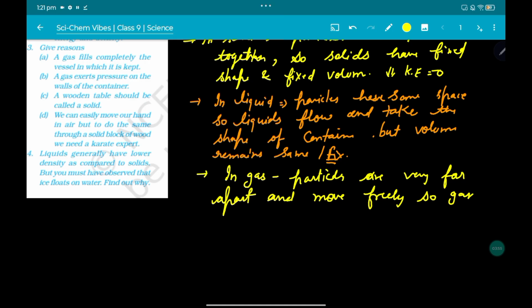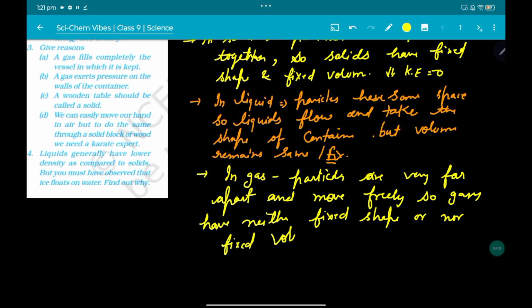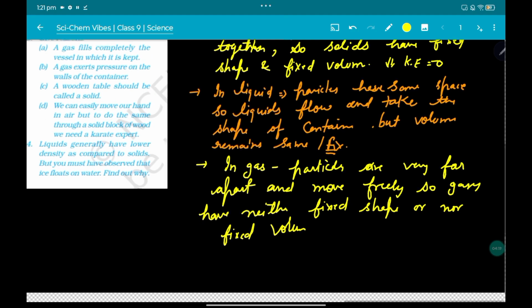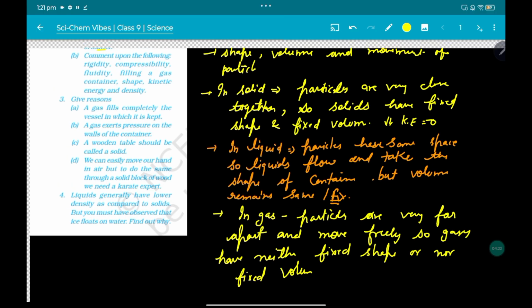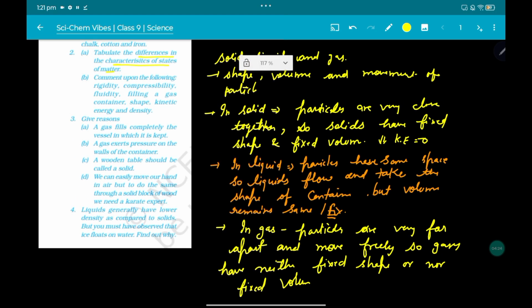So gases have neither fixed shape nor fixed volume. They take the shape of the container. Got it? So this is the main difference between the three states of matter, solid, liquid, and gas, on the basis of shape, volume, and movement of particles.